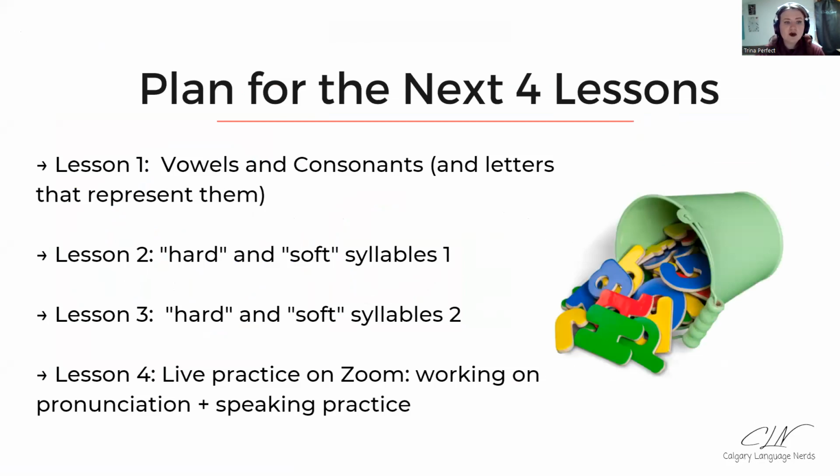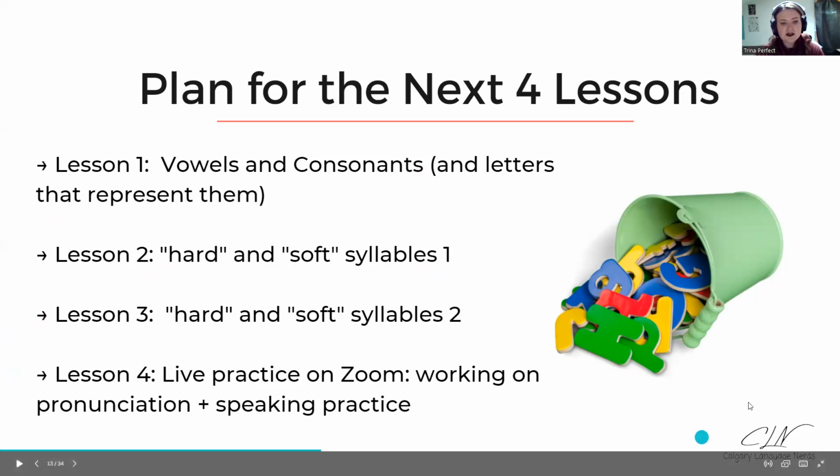We have already overviewed vowels and consonants in Russian, and the letters that represent them. Today we're going to continue talking about hard and soft syllables, and we're going to learn how to make syllables with these letters. We're going to spend 2 lessons doing this.